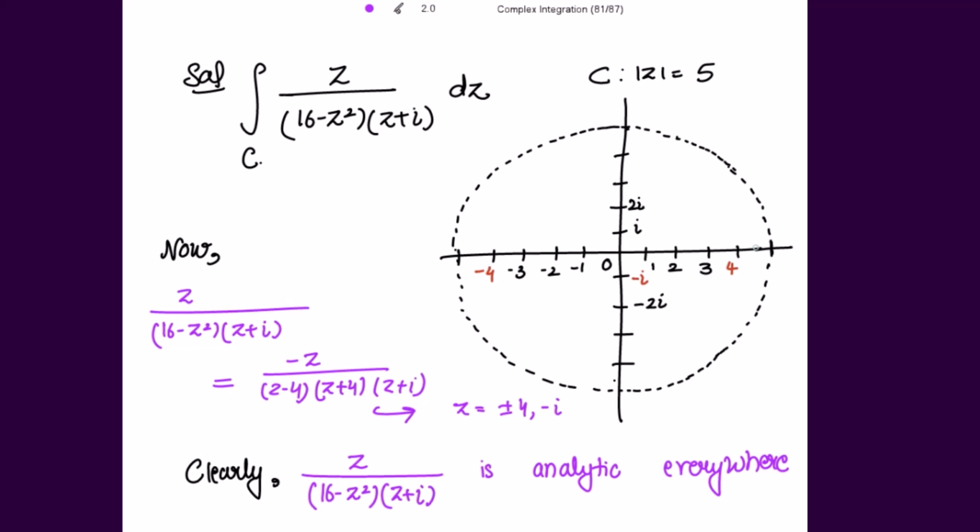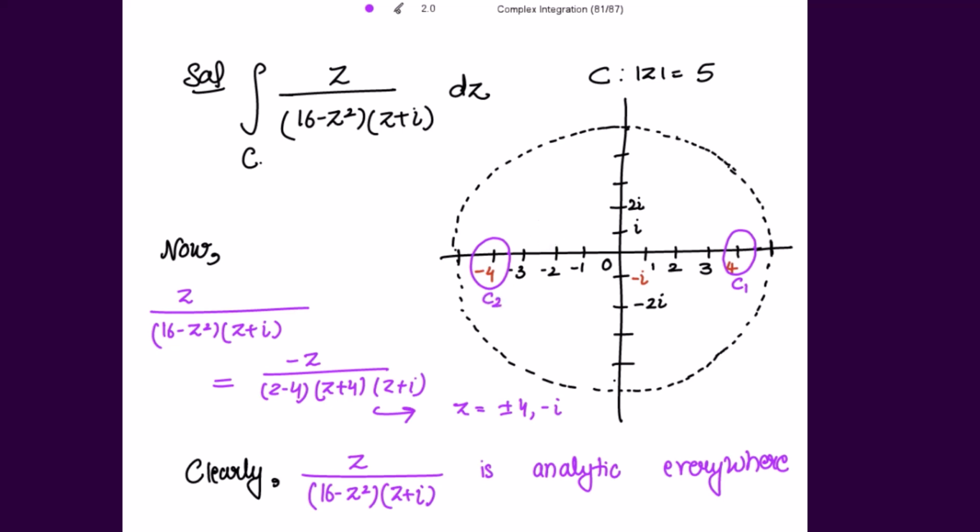Let's construct the circle C1 around the point z equal to 4, and this is your C1. Let's construct the circle C2 around the point z equal to minus 4. This is circle C2.